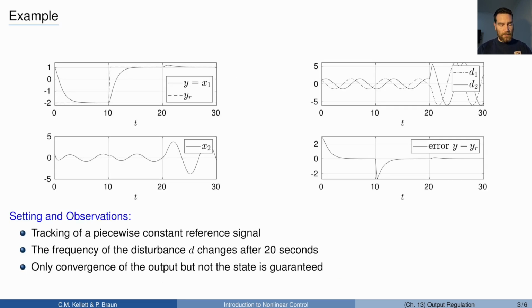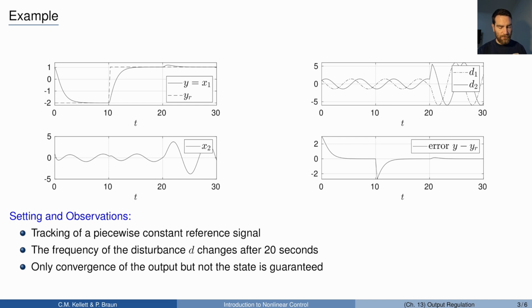And just to give then a motivating example how corresponding results might look like. So we might be after tracking a piecewise constant reference signal. So as shown up here, piecewise constant reference signal changing after 10 seconds with its reference value.